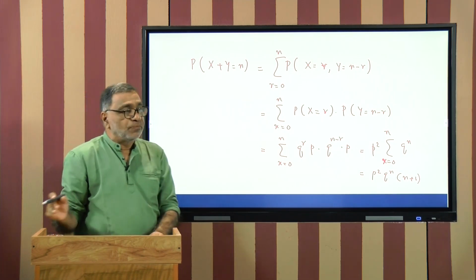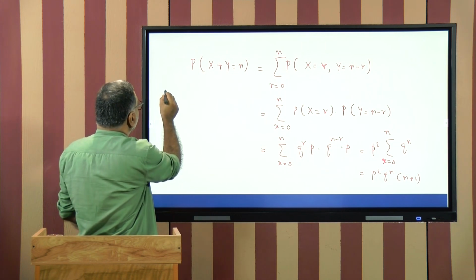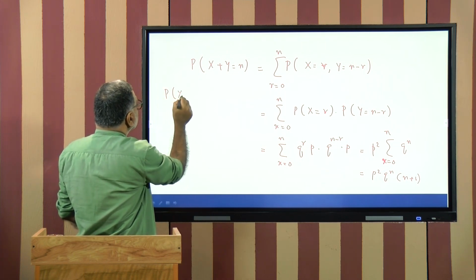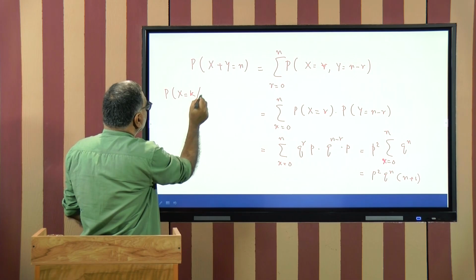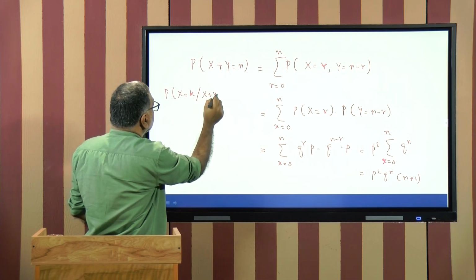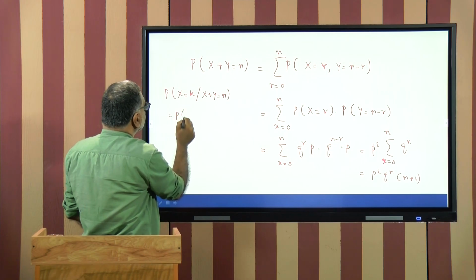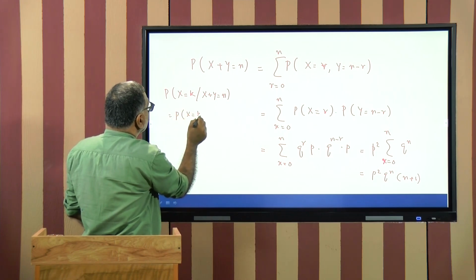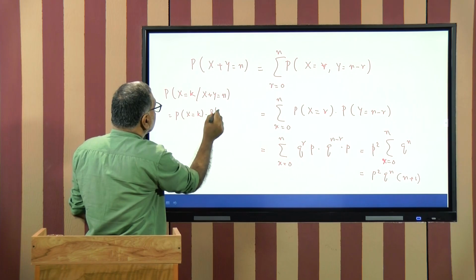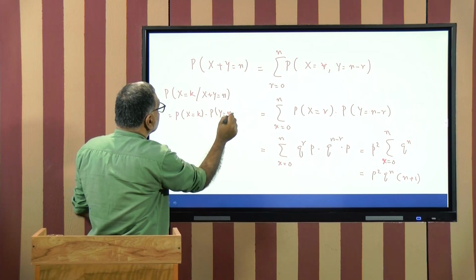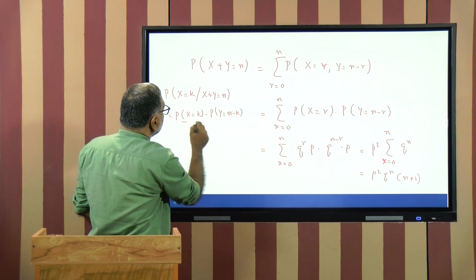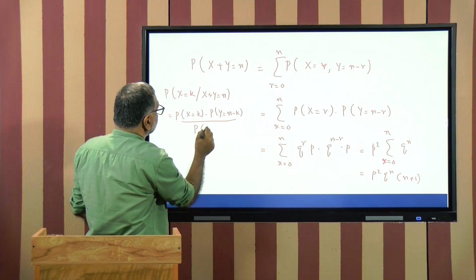Substitute this value in the earlier formula. We have probability of x is equal to k given x plus y is equal to n. We started from there, and we have established that this is equal to probability of x is equal to k into probability of y is equal to n minus k, divided by probability of x plus y is equal to n.